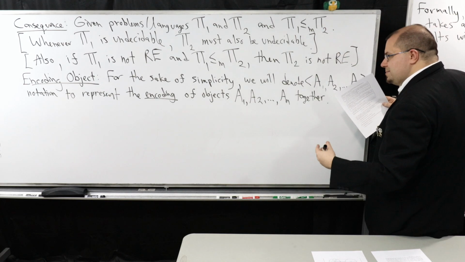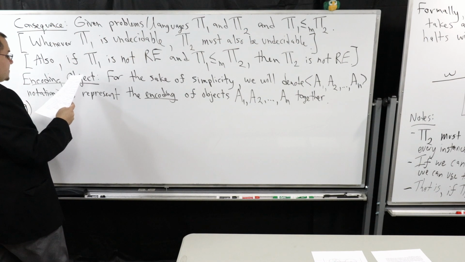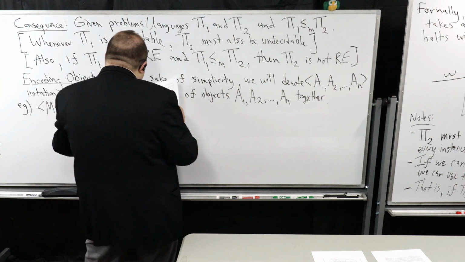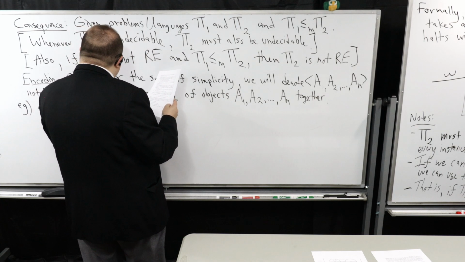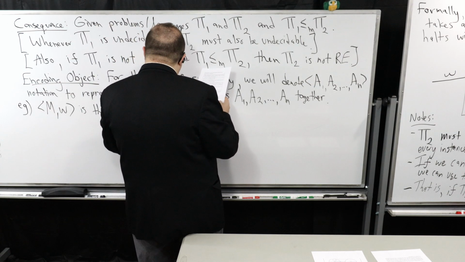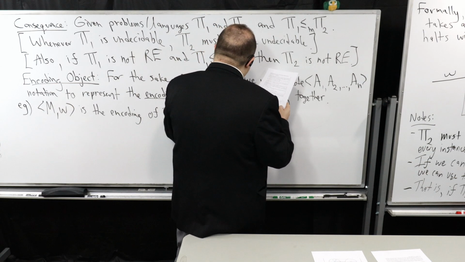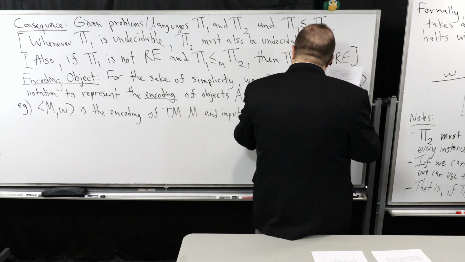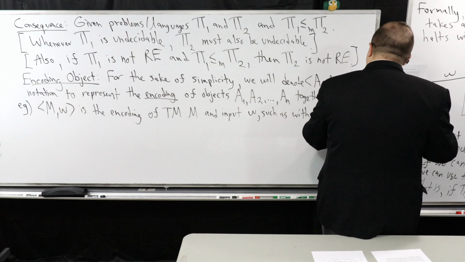Just to give you an example, if I were to describe to you with the angle brackets M and W like this, this is the encoding of Turing machine M and input W, such as with the universal Turing machine.